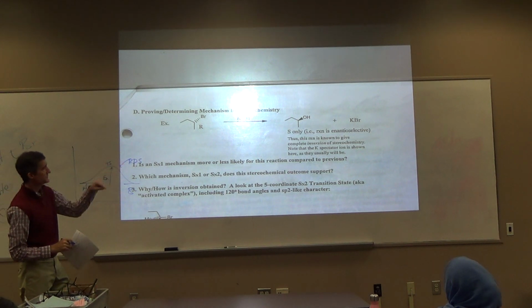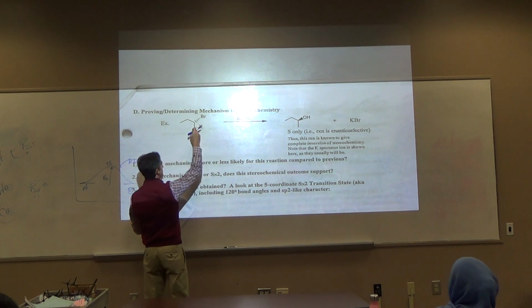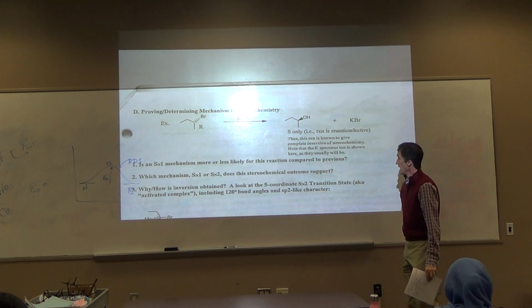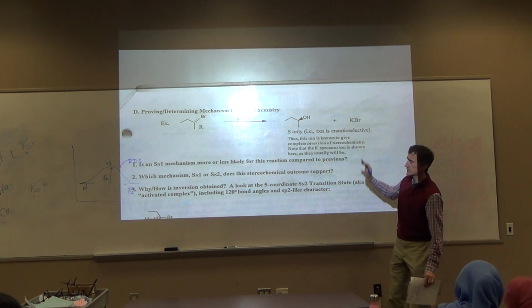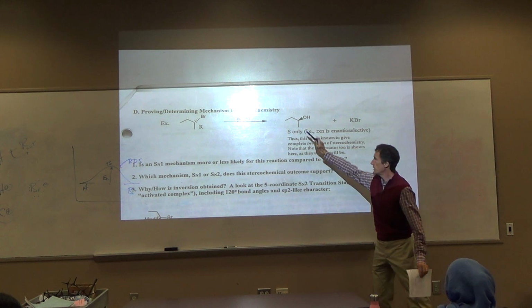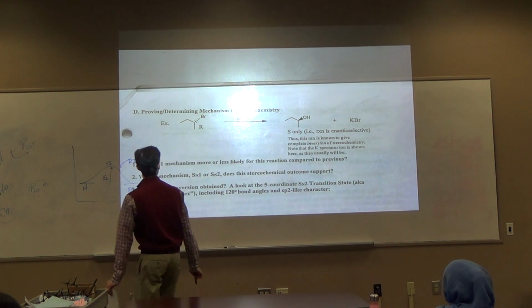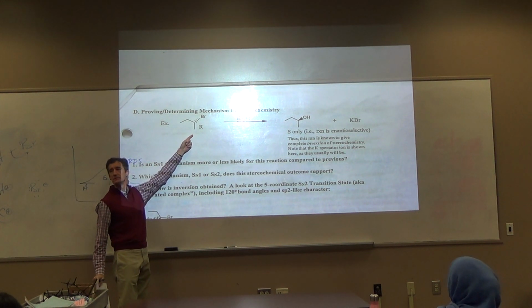If you do this reaction, we know that you get S only. Stereochemistry, that's R. You get S only. This is the first example we've ever done where the reaction is enantioselective. We only get one enantiomer. Well, the reason why is because we started with only one enantiomer.